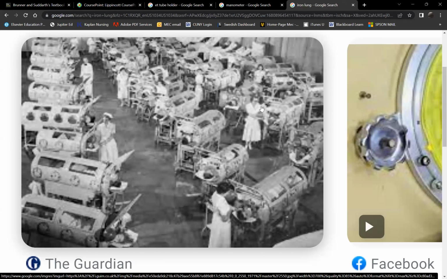We are negative pressure ventilators. As the diaphragm contracts down, air is sucked into the lungs. These things also do that. As soon as you seal the door, it creates a vacuum, sucking air from the atmosphere into the patient's lung. So this is how these things work.